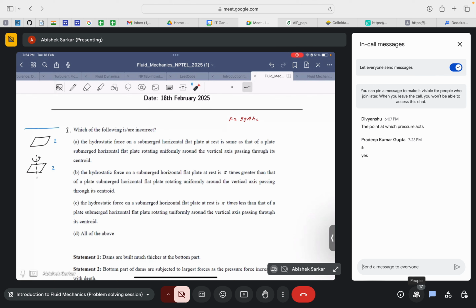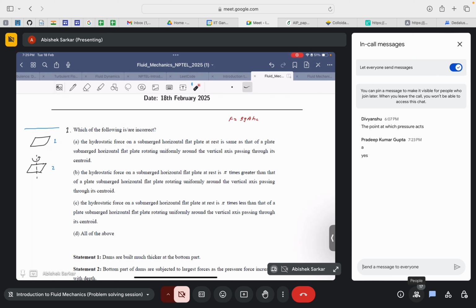So basically, the hydrostatic force that acts on the first case, a flat plate submerged in the fluid, and the second case, the flat plate submerged at the same depth, which is rotating about this vertical axis, will remain the same since the depth at which these bodies are placed remains constant even after the rotation of the second case.